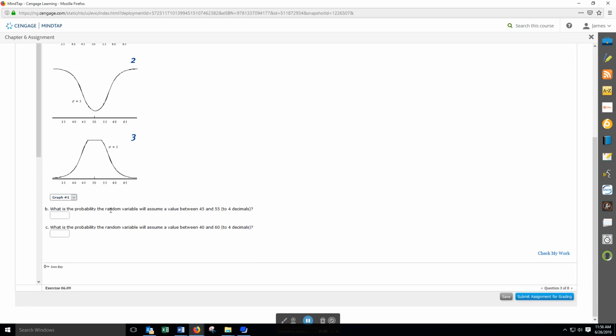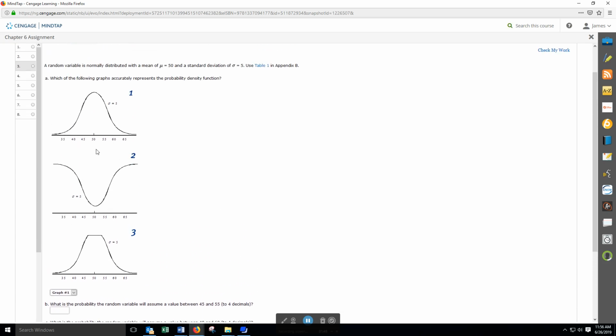Now, what is the probability the random variable will assume a value between 45 and 55? And they want us to round this out to 4 decimals. So here, we're looking at what is the probability that a value could fall between 45 and 55. What we're going to do is calculate z values for x equals 55 and for x equals 45.